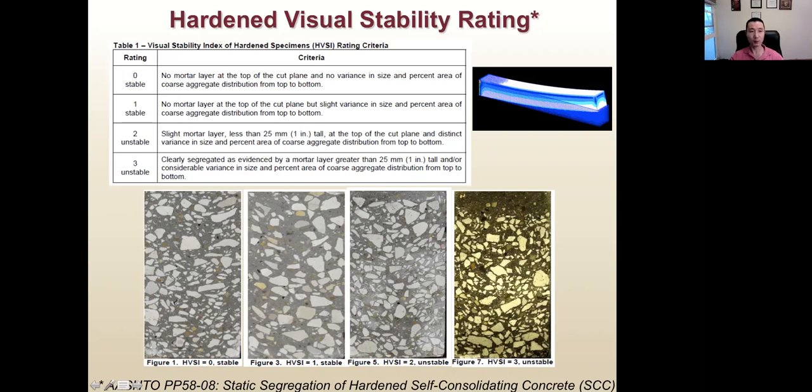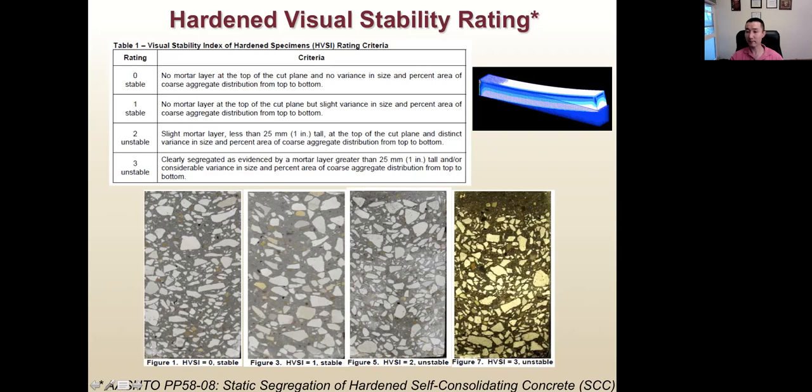When the concrete is rated as stable, that means the concrete will not crack. This is based on finite element simulation. But if the concrete is not stable, we may have some cracking due to shrinkage, because remember, only cement paste will shrink.